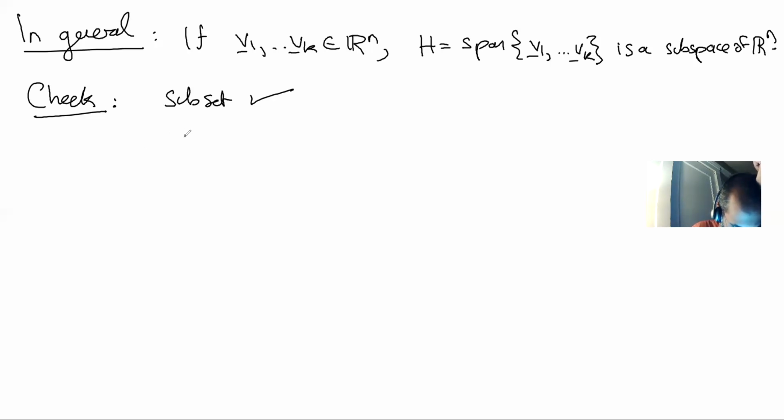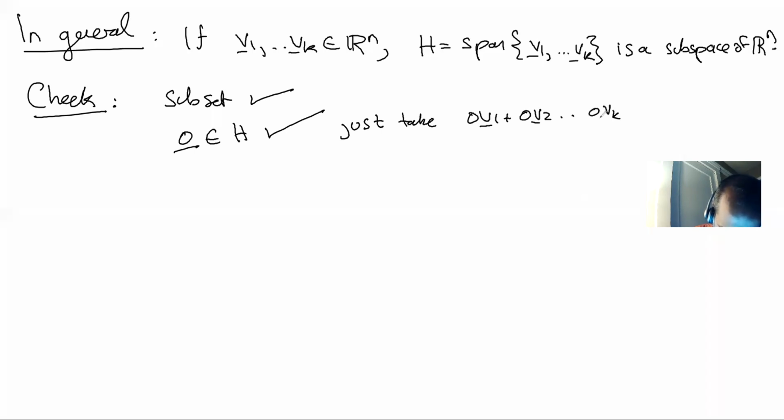Property 1: is 0 in this set? Couldn't we just take the linear combination of 0 multiplied by every vector? Exactly. Just take 0 v1 plus 0 v2 through 0 vk, and that's in H, because it's in the span.